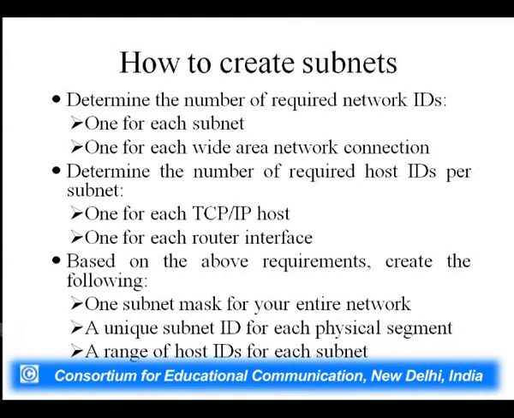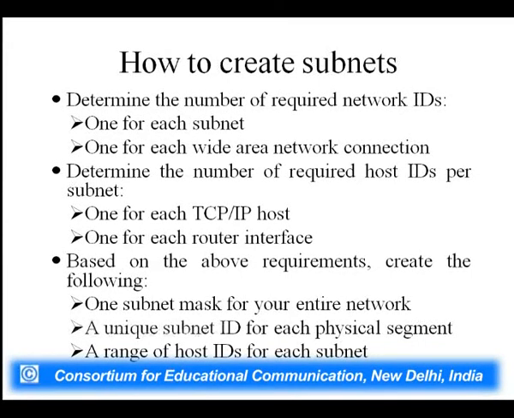Determine the number of required host IDs per subnet. Each host needs an IP address, one for each router interface, and in addition to the host, one address will also be used with a router interface, because a router may have multiple interfaces.